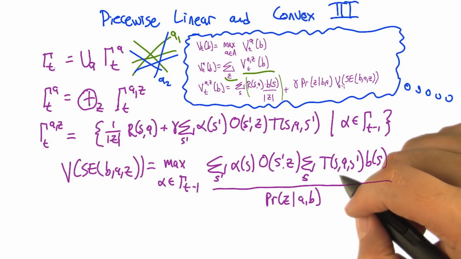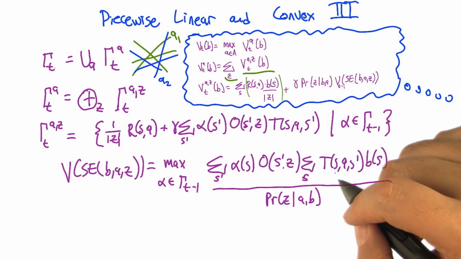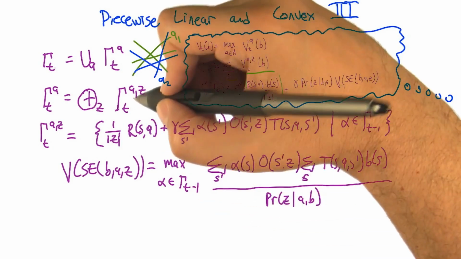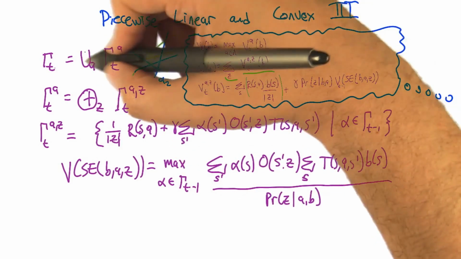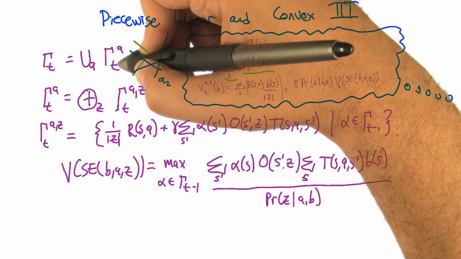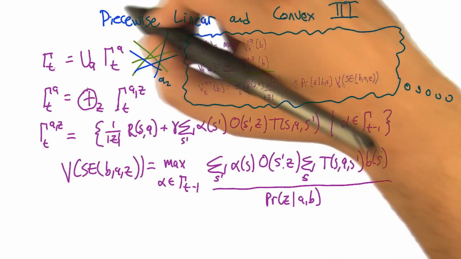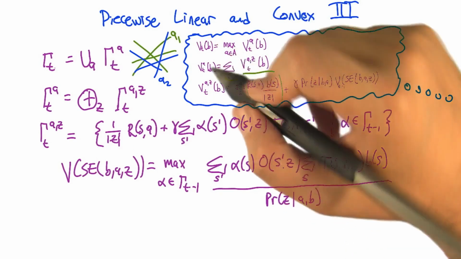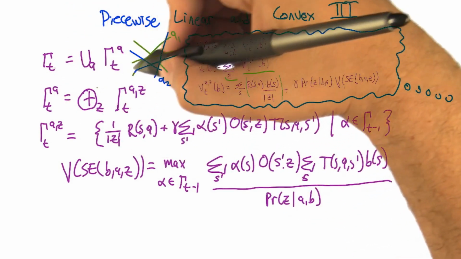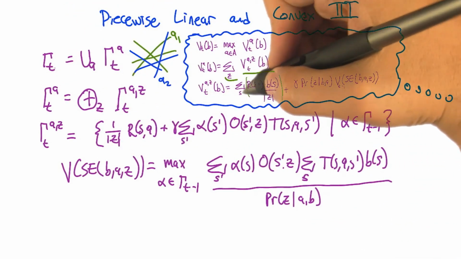Sure. That was already built into the definition of MDPs, the way we were talking about them. Fair enough. But it's probably worth repeating that certainly if the number of actions is infinite, then this union is problematic. And if the number of observations is infinite, then this cross sum is problematic. So we're finite state space, finite action space, finite observation space.